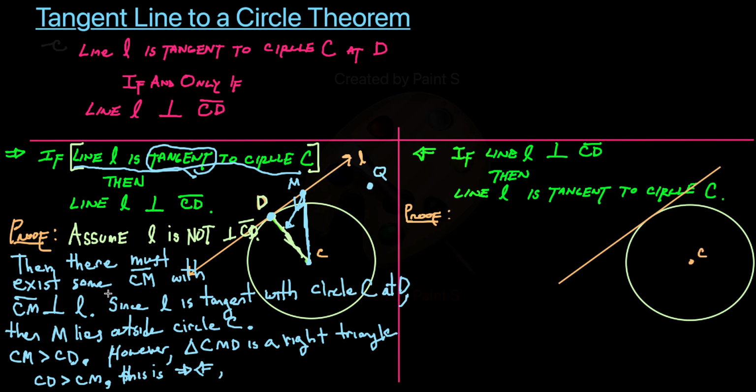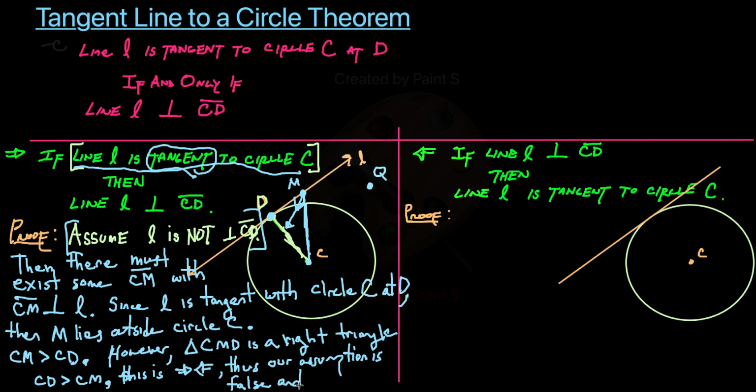That contradiction arose due to our assumption. We got a contradiction by making this assumption. Therefore, thus, our assumption is false.